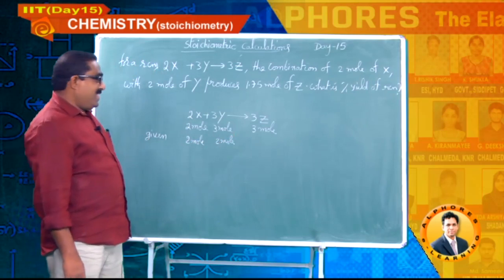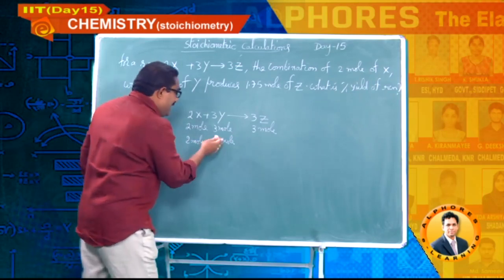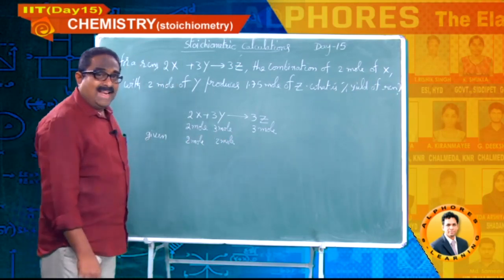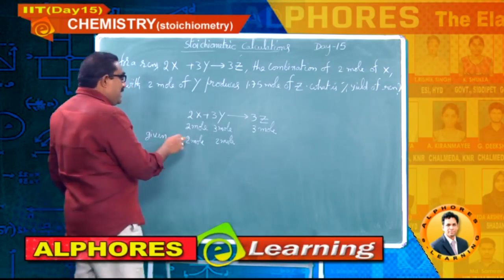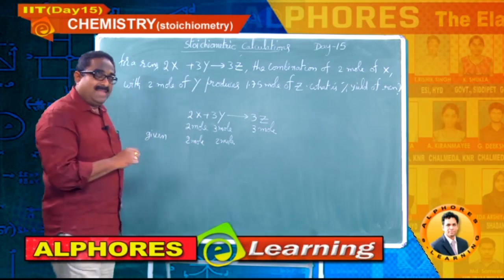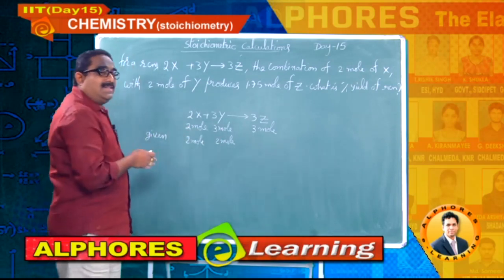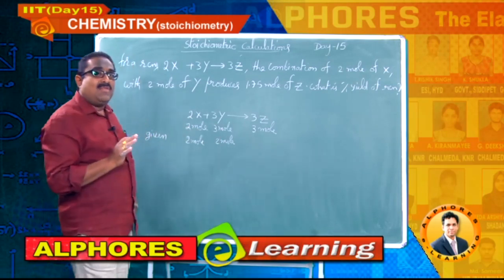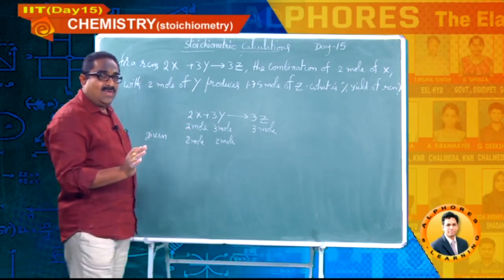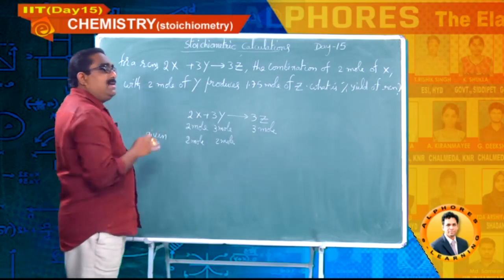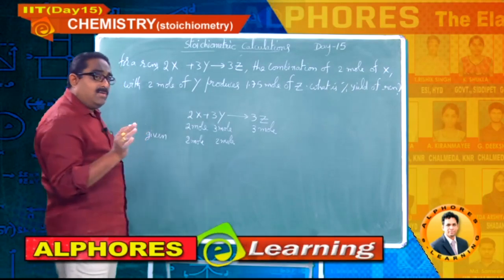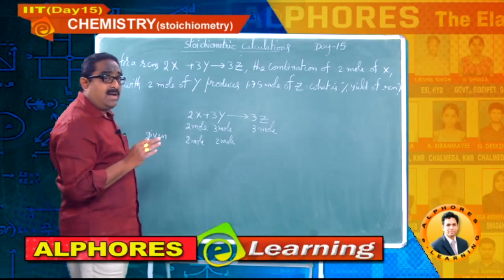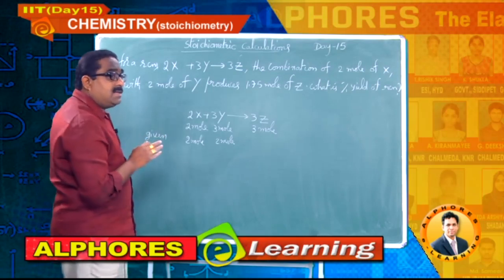Now here enters the concept of limiting reagent again, because equal moles he has given, but 2 moles of x needs 3 moles of y. So first of all we have to fix which is the limiting reagent, either x or y. I have already explained in the previous session how to fix limiting reagent.